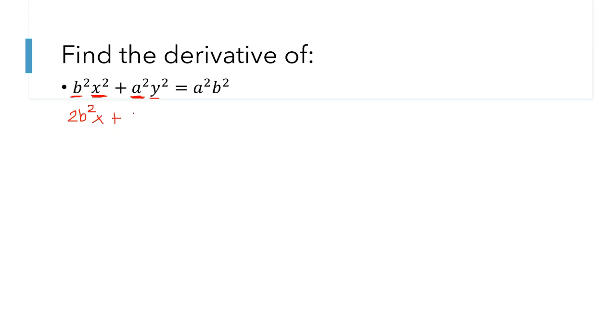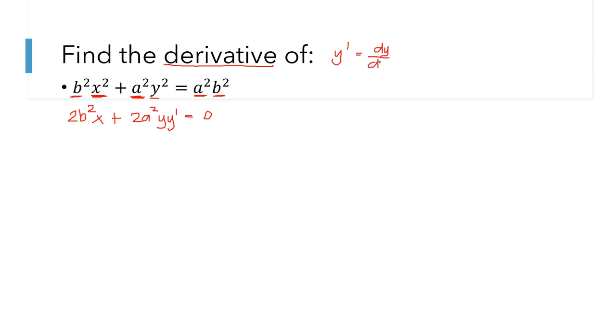So we have 2a squared y, and then we will be multiplying that with y prime. And for this one, since both of these are constants, the derivative of a constant is equivalent to 0.